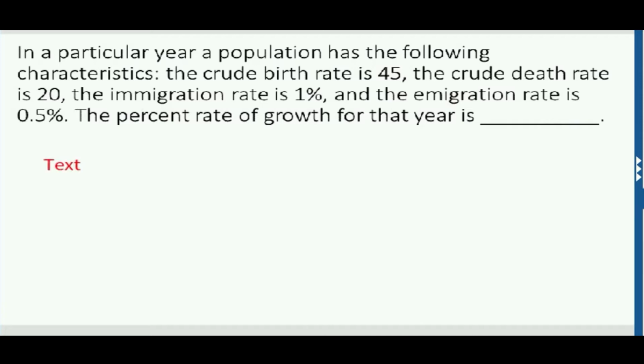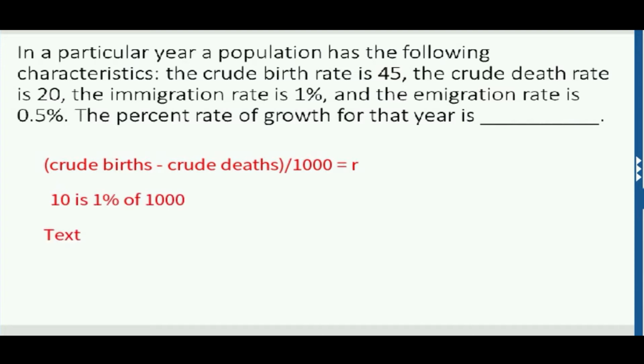Our formula for this is going to be crude births minus crude deaths divided by 1,000 equals R. If the immigration rate is 1%, that's going to be 10. 10 is 1% of 1,000, and the emigration, 5, is 0.5% of 1,000.